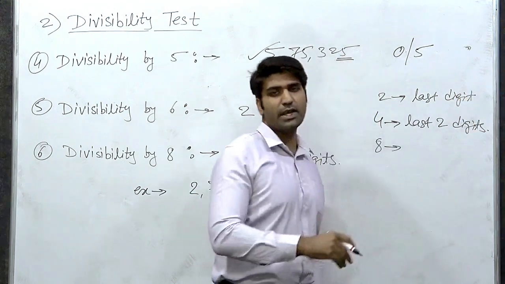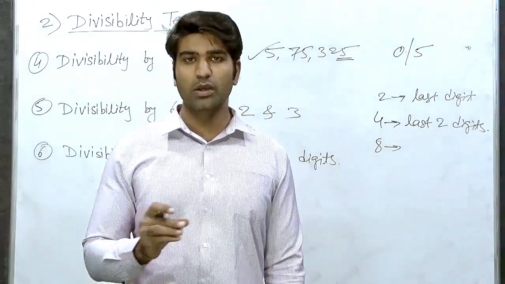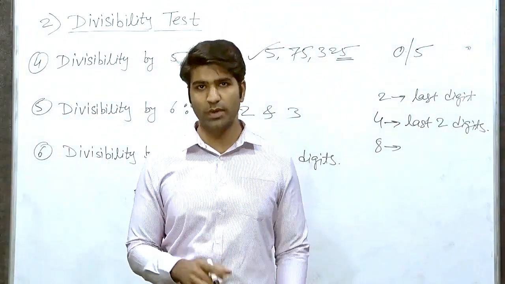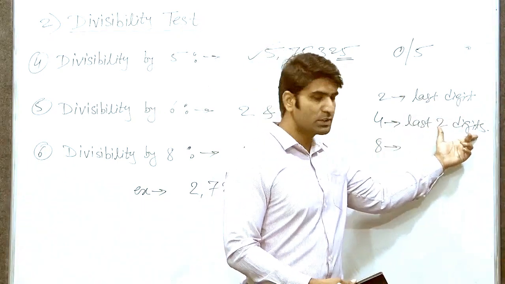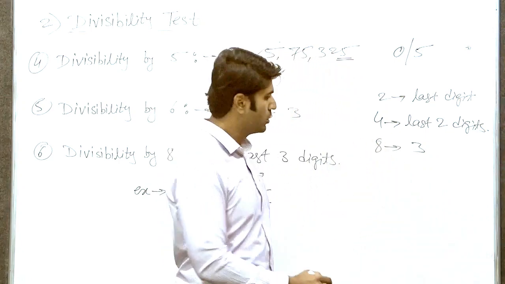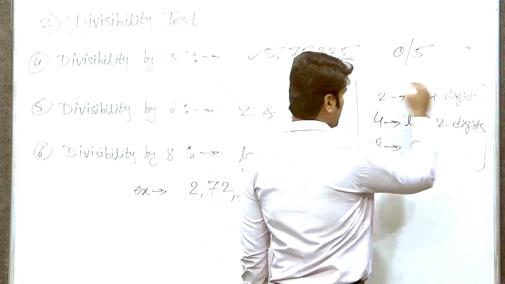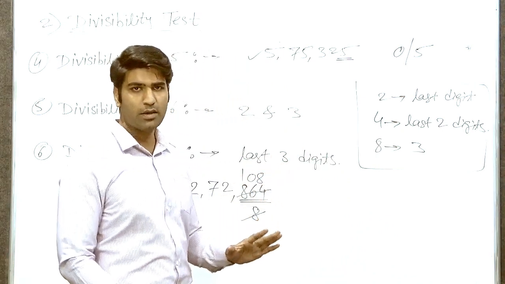The last digit decides whether the given number is even or not. If it is even, then it is divisible by 2. So check only the last digit for 2, the last 2 digits for 4, and the last 3 digits for 8. It is important because they are similar, so it is easy to remember 2, 4 and 8.